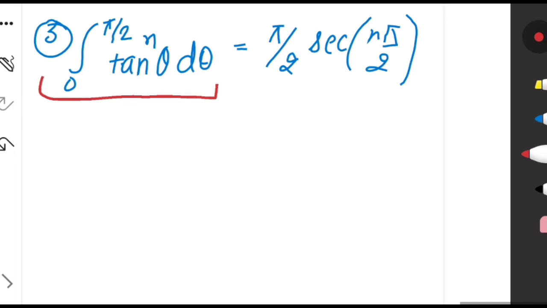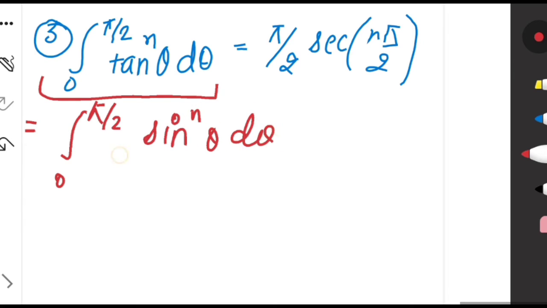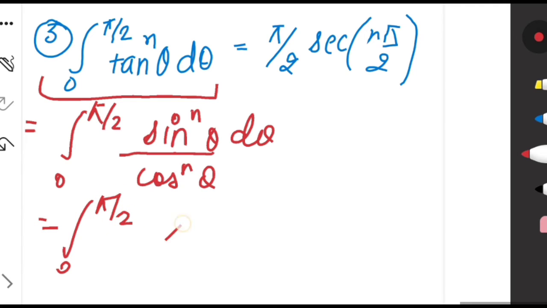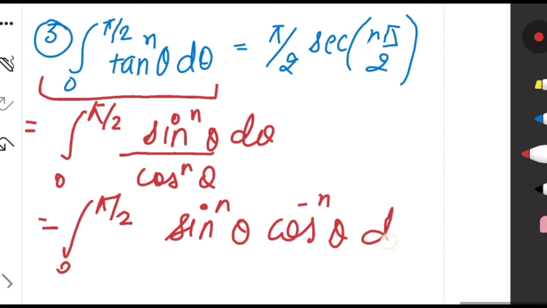Tangent to the power n theta can be written as the integral from 0 to pi by 2 of sine to the power n theta over cos to the power n theta d theta. Again this can be written as the integral from 0 to pi by 2 of sine to the power n theta and cos to the power minus n theta d theta.